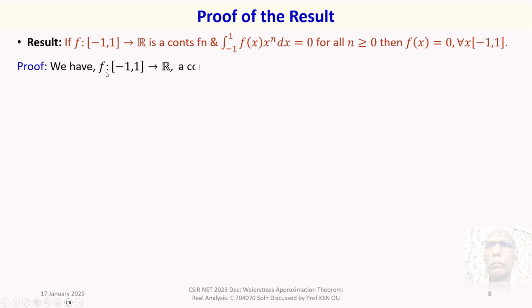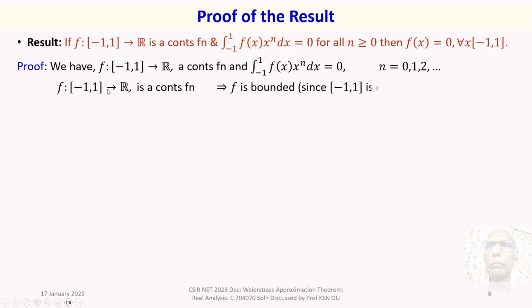Now, the proof. We have f, a real valued function defined on the closed bounded interval minus 1 to plus 1, and it is a continuous function. The integral from minus 1 to plus 1 of f(x) x to the power n dx is equal to 0 for n equal to 0, 1, 2, 3, and so on. The closed and bounded interval on R is compact.